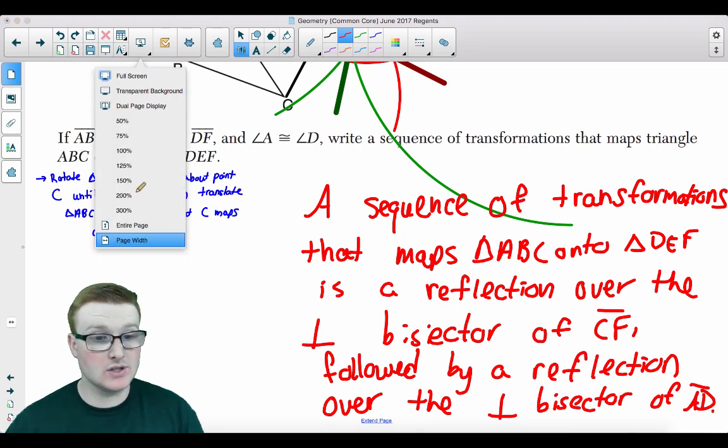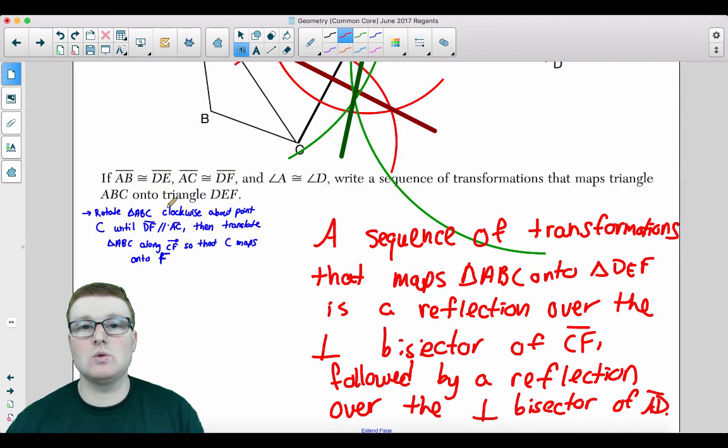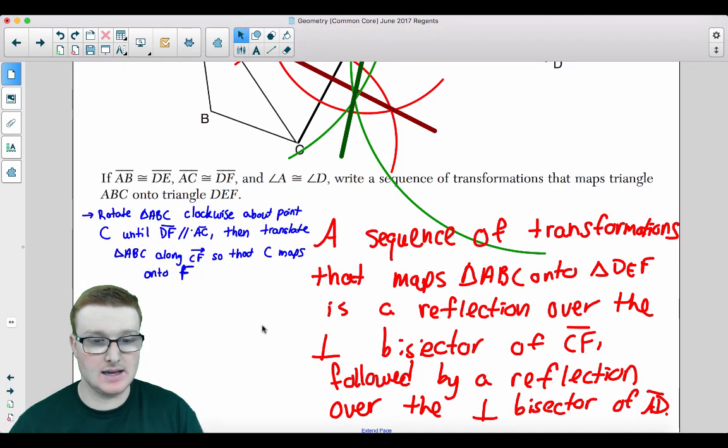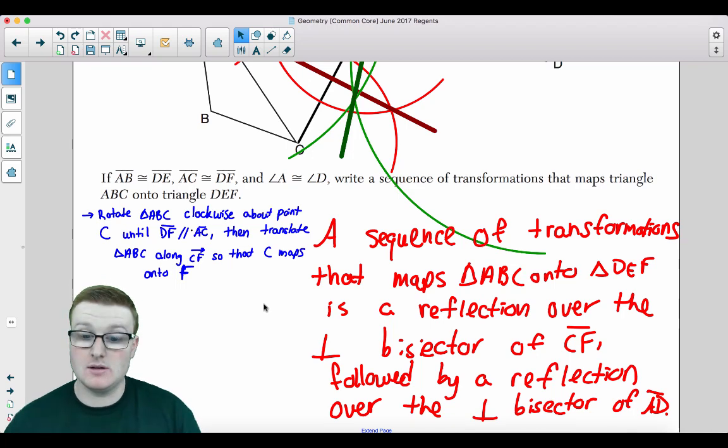That's how you put it into words, folks. And that is how you do that question. Either one of these two answers will be perfectly acceptable. You pick what you want to do.